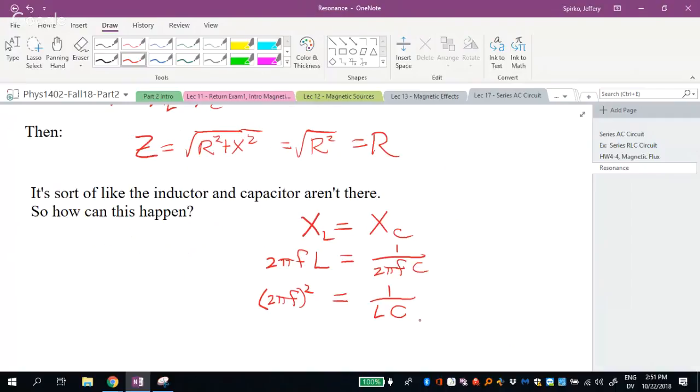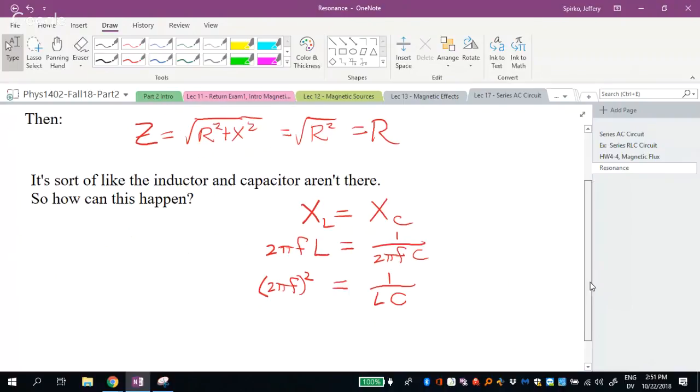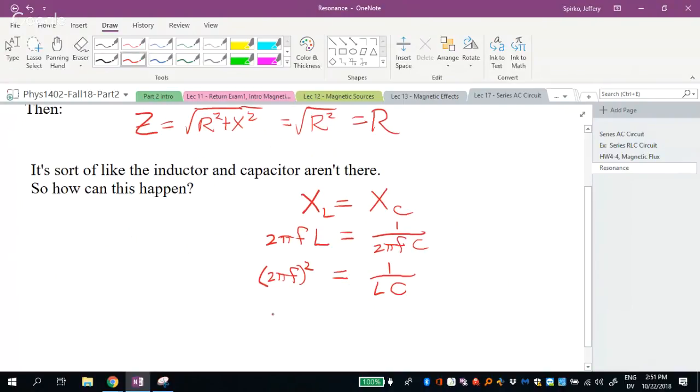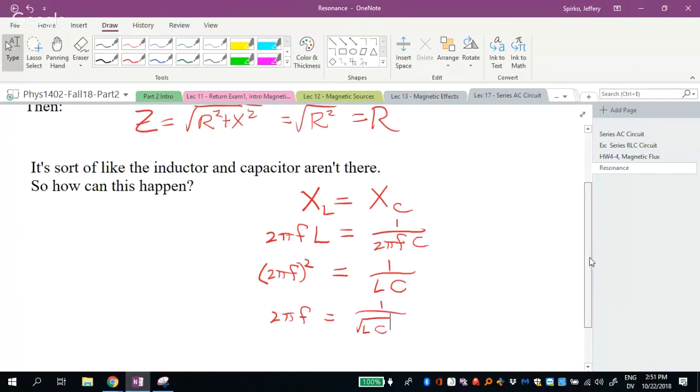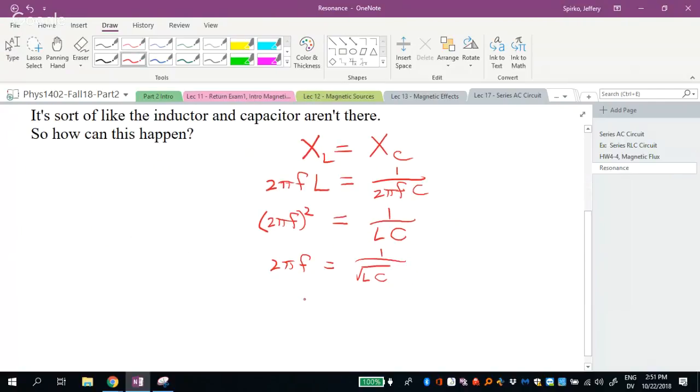And then I divided the L underneath the right-hand side. And then it's usually common to take the square root of both sides. So that is 2 pi f equals 1 over the square root of LC. Or f is equal to 1 over 2 pi times the square root of LC.